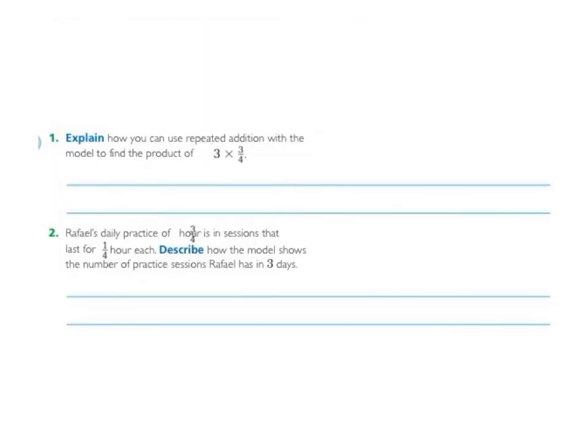Let's look at questions 1 and 2 to further our information. It says, 1. Explain how you can use repeated addition with the model to find the product of 3 times 3/4. Well, in each model, we colored in 3 out of 4, and we did that 3 times. So that would look like 3/4 plus 3/4 plus 3/4.